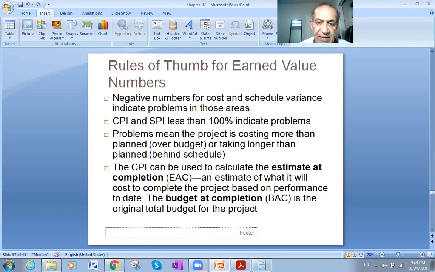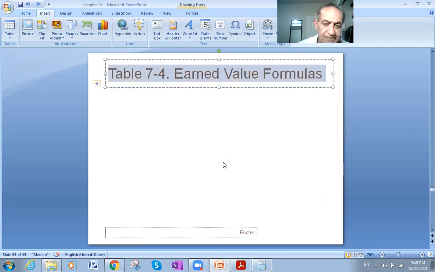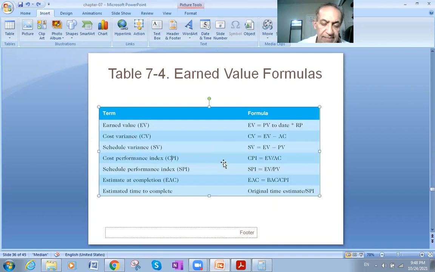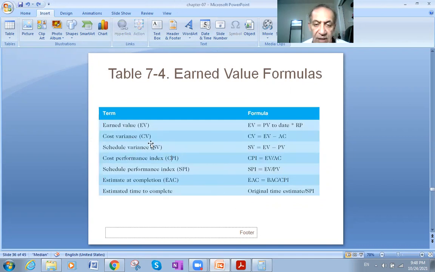We can go back one by one, no problem. Okay, here are all the formulas that we used before in the YouTube example, and the percentage and each one of them.